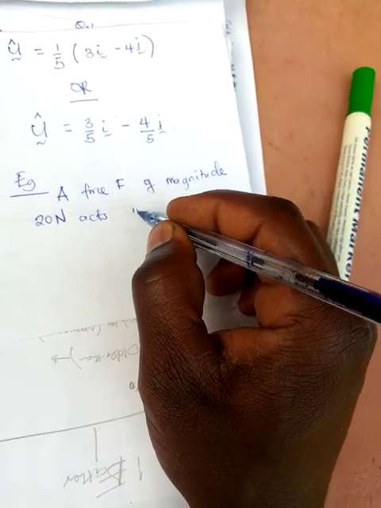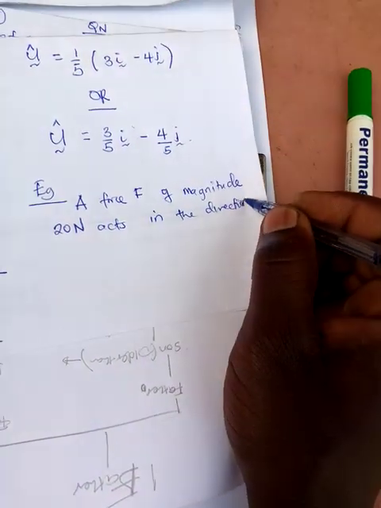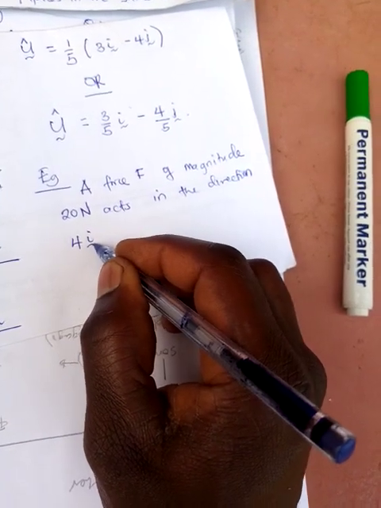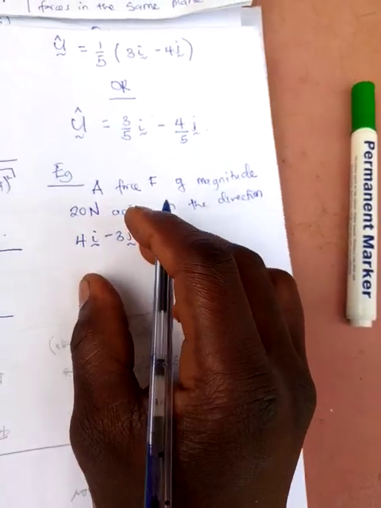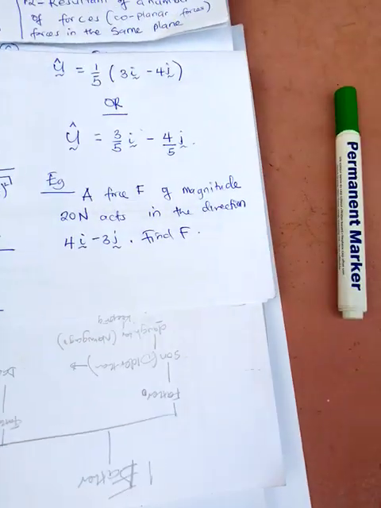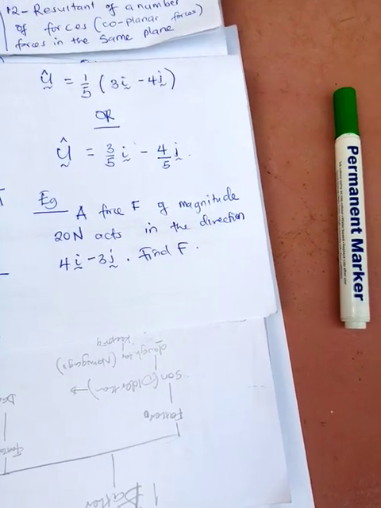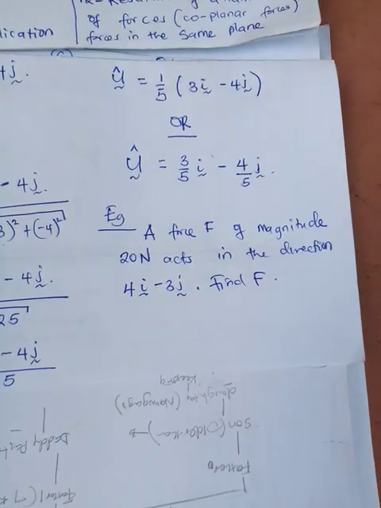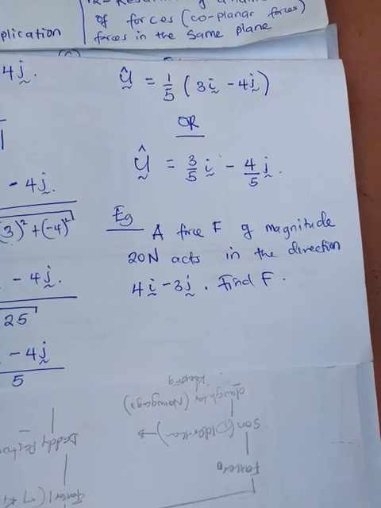It acts in the direction 4 in j and negative 3 in i. Find F. So how do you work out that question? They have given us the direction.